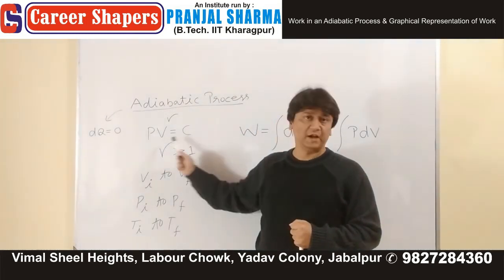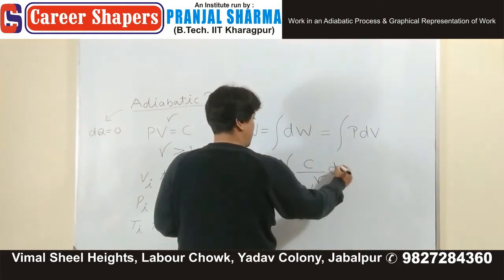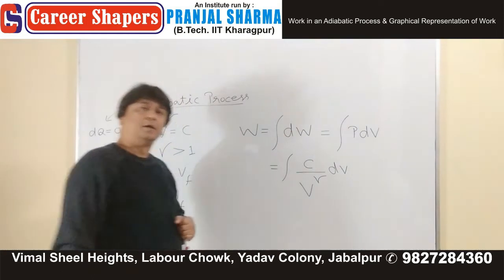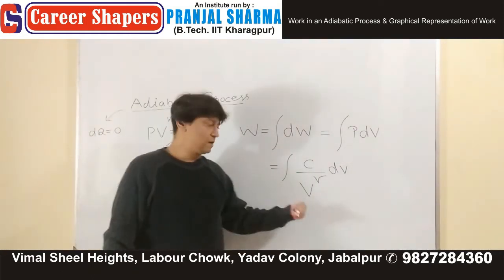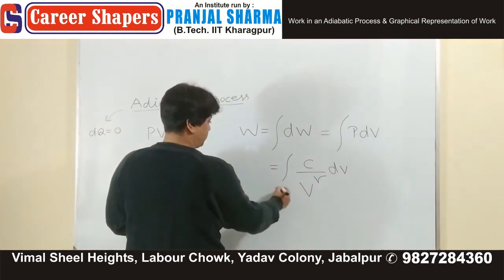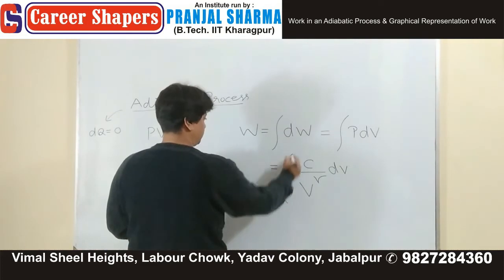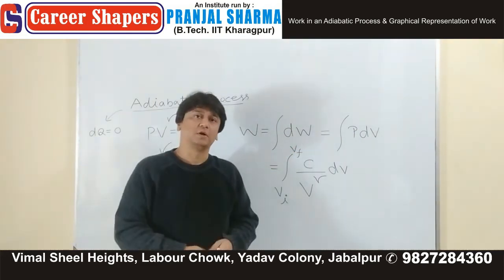Some constant divided by V gamma, multiplied by dV. I am giving you another 30 seconds. I hope you can integrate this type of thing. Integrate, put limits, and you will find the work.